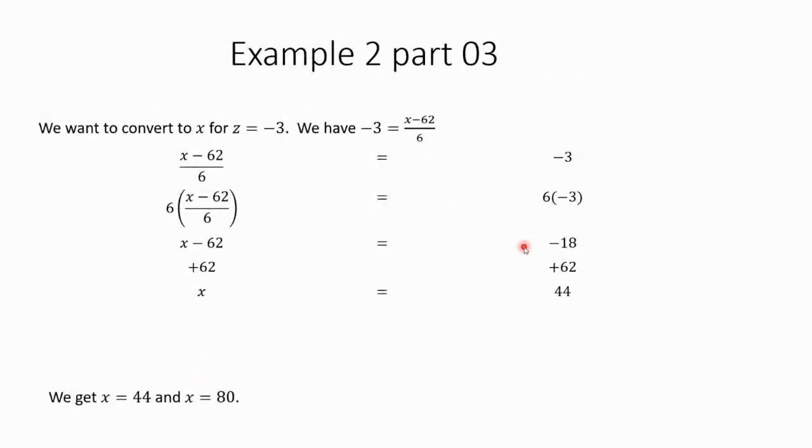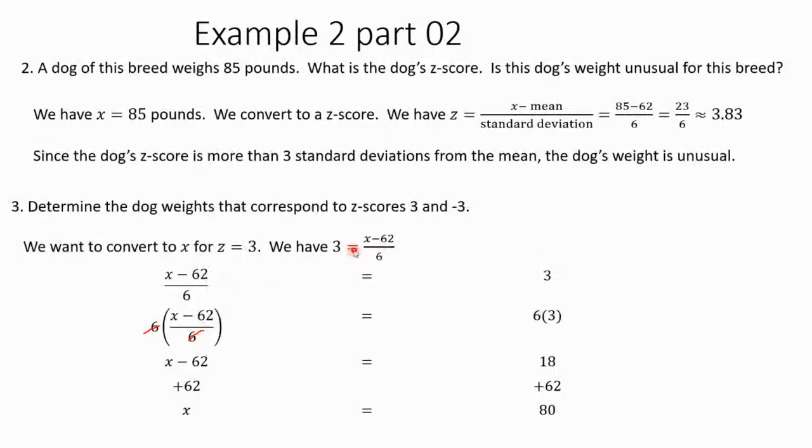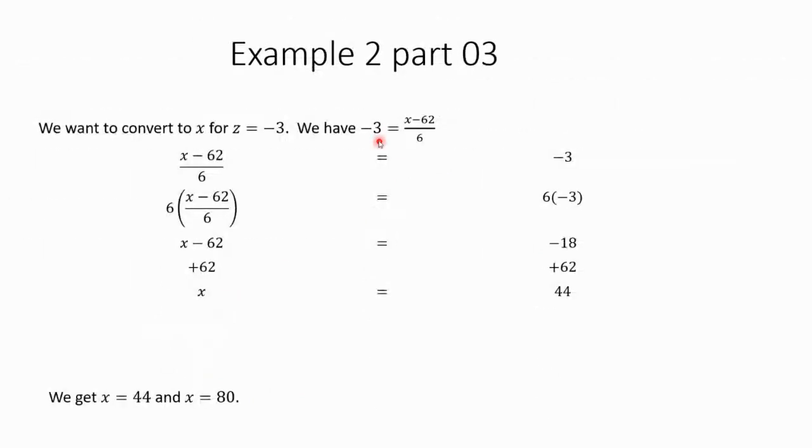For negative 3, it's the same idea. The only real difference is that instead of 3 here, you're going to have minus 3. So x minus 62 over 6 equals negative 3. Multiply both sides by 6, just like before.